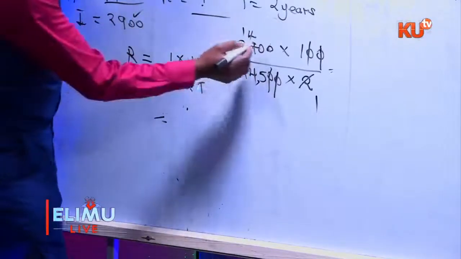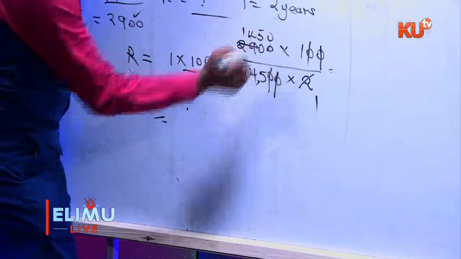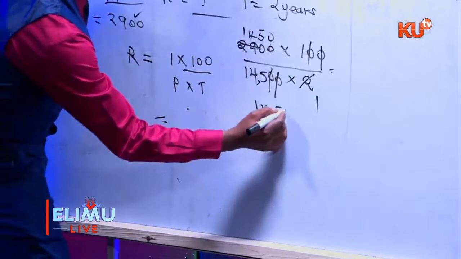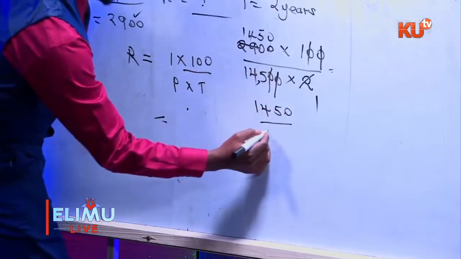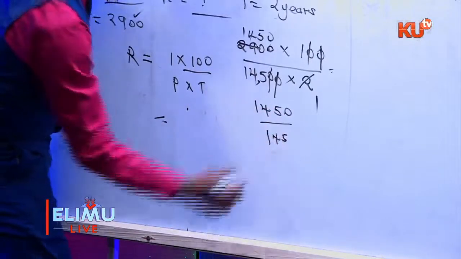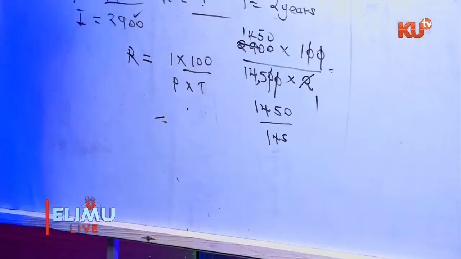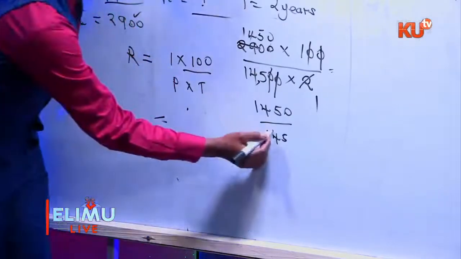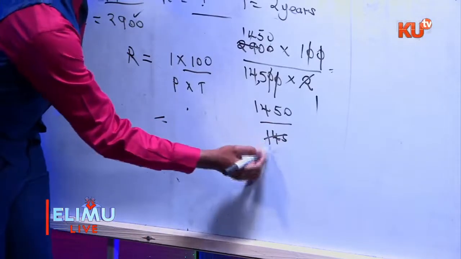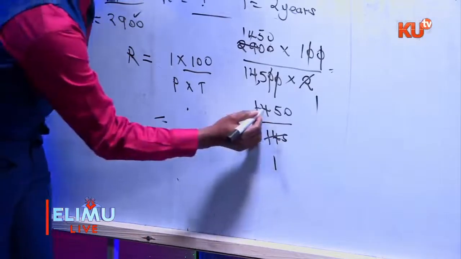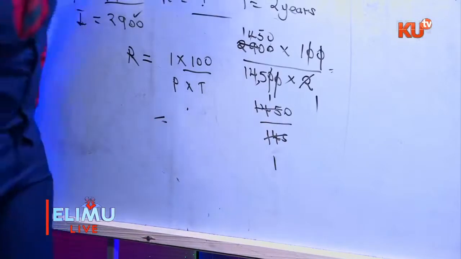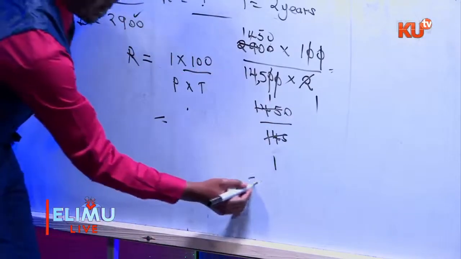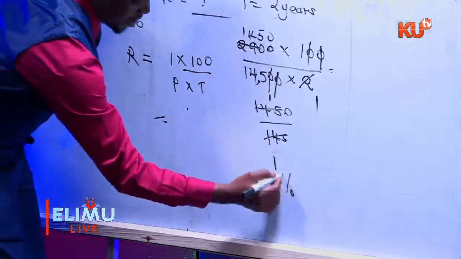Remainder 1 into 10, 5. So we shall have 1,450 over 145. I believe you don't need to be a very great mathematician to know that 145 can go into 145 one time. So we have 1 and 0. Our answer becomes 10%.